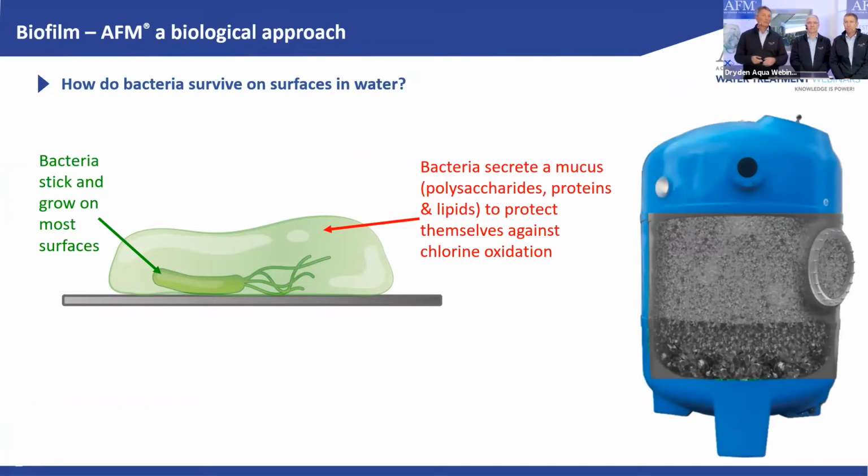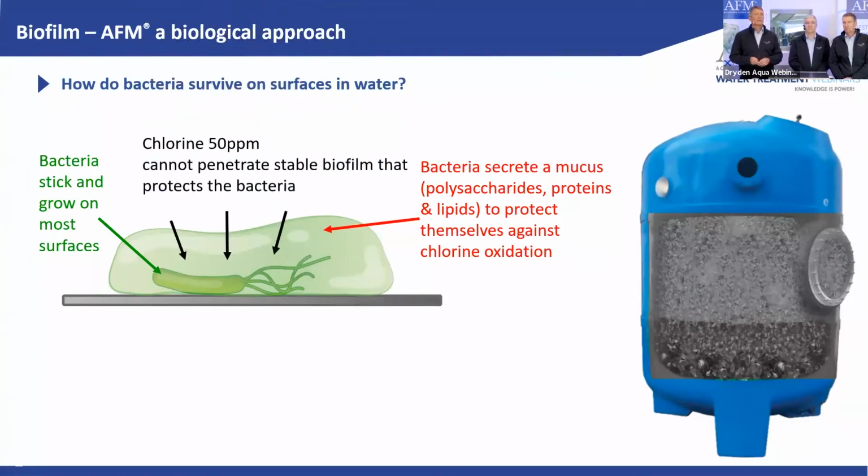And this biofilm becomes very resistant against chlorine. Even at a very high concentration, here we wrote 50 ppm, which is an excessive amount of chlorine, the chlorine cannot penetrate the biofilm. It has to oxidize through the biofilm from outside to inside, and by this it loses concentration.